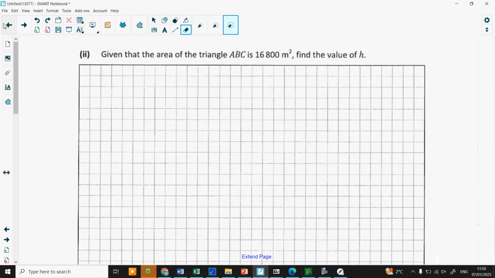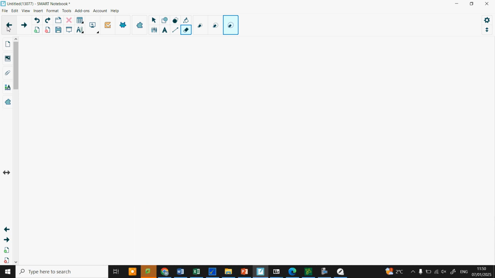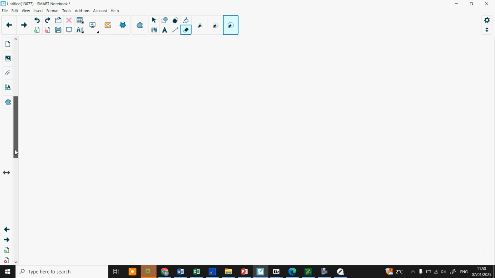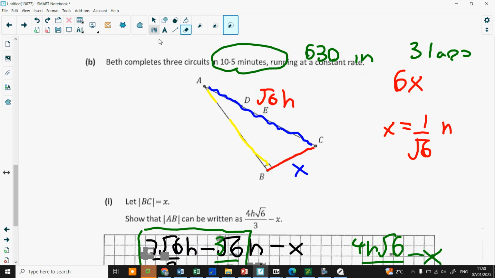Okay. So here's what I'm thinking. I can just rub all this out because we already know that. Now I'm going to give them letters. We're going to call BC as X, and AB I'm going to call a letter I haven't used yet.